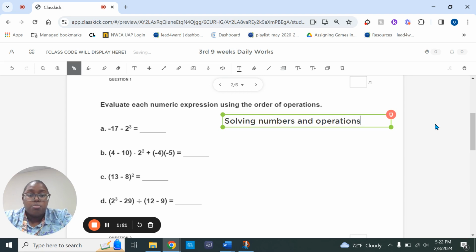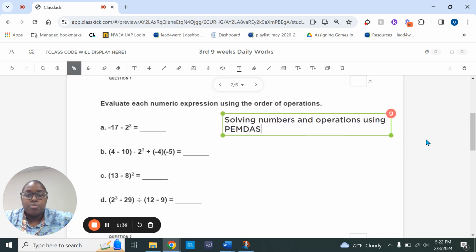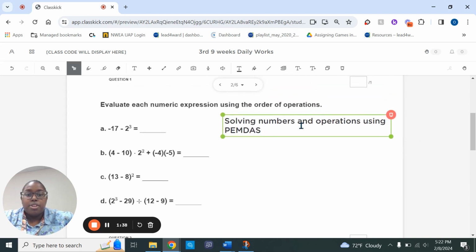So we are solving numbers and operations using order of operations. How do we use order of operations? Well, this is where PEMDAS comes into play. Okay? So we're solving numbers and operations using PEMDAS.